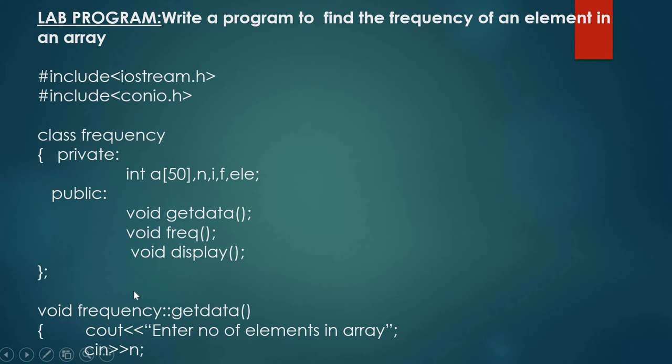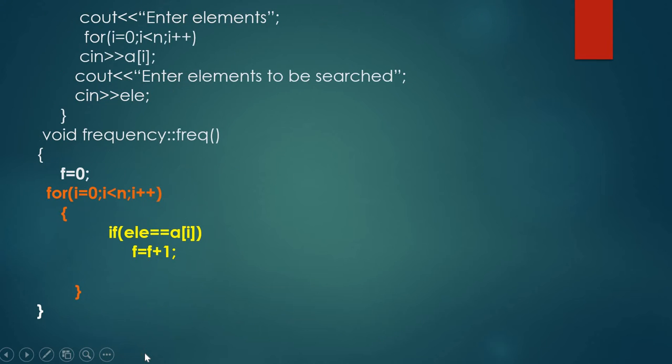In the getdata function, what are the inputs? The number of elements in the array, that is n. Next, the elements of the array. For entering the elements of the array, we are using the for loop: for i is equal to 0, i less than n, i plus plus. I starts from 0 because the subscript starts from 0.